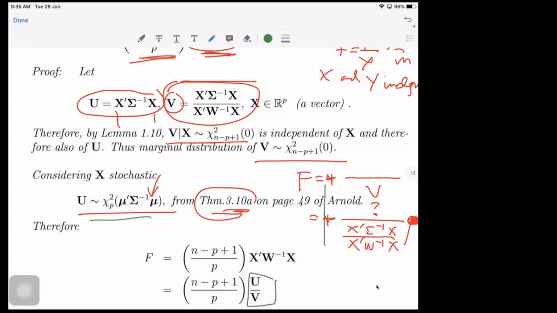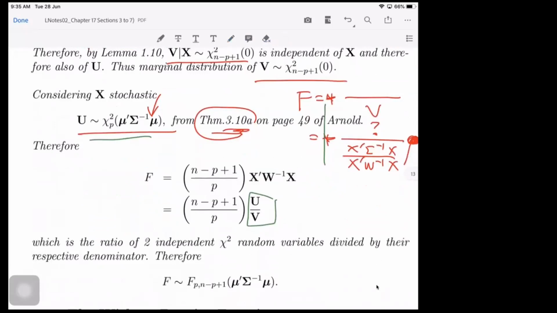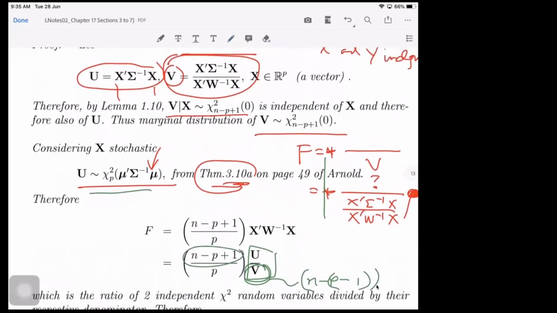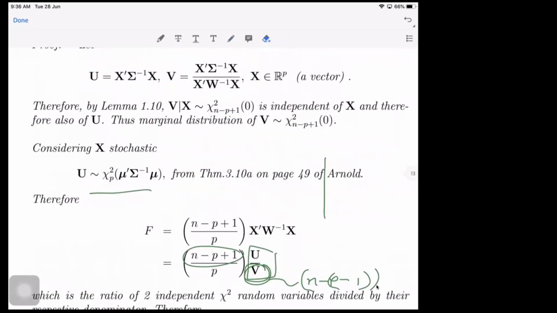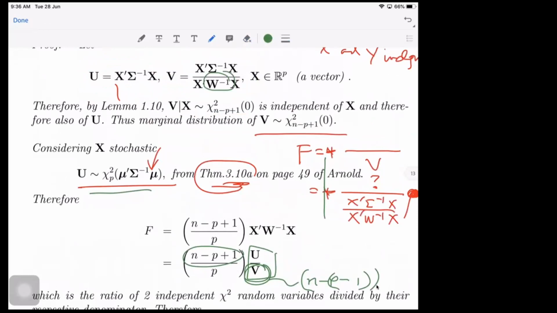So it is U over V, where U is non-central chi-square and V is central chi-square. The ratio of non-central chi over central chi, and of course V has n minus p minus 1 degrees of freedom, a function of W and sigma, while U is a function of sigma only, with p degrees of freedom.